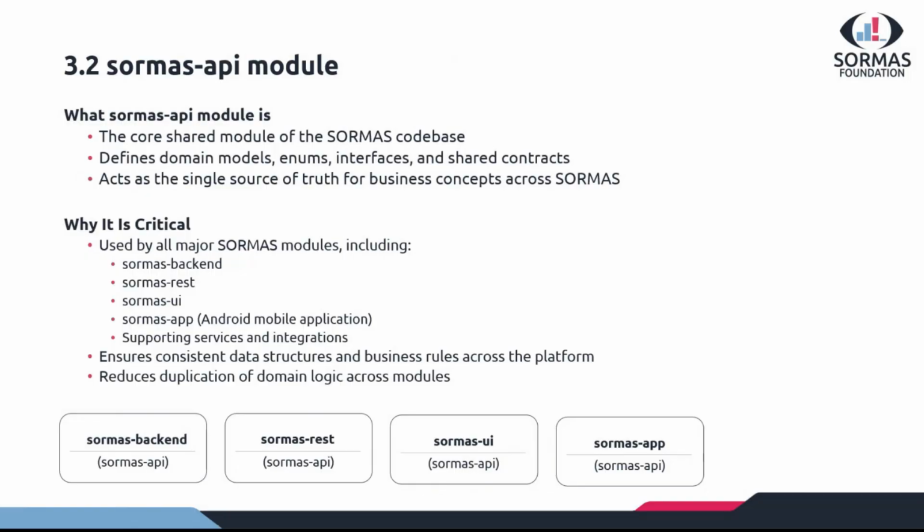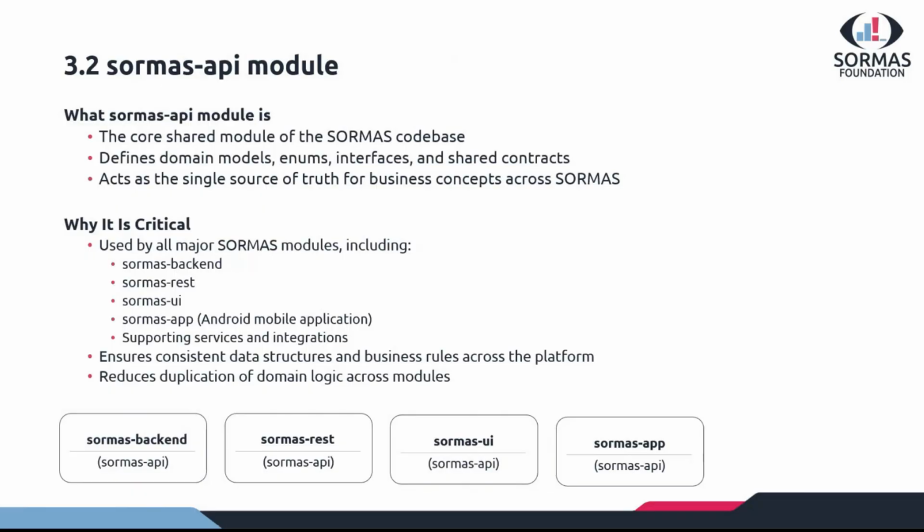Now, every module of SORMAS is self-contained. For example, the SORMAS backend module, when it is built, goes into sormas-ear.ear. If you build the SORMAS REST module, it goes into sormas-rest.war. If you build the SORMAS UI, you get sormas-ui.war.